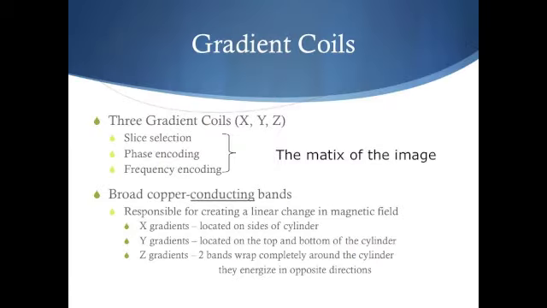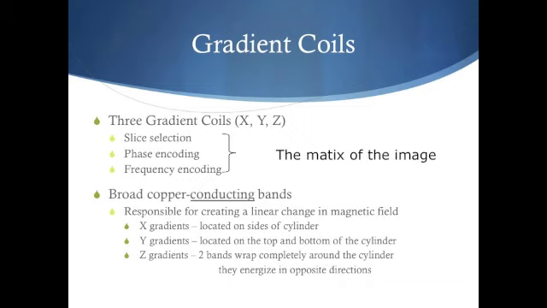So we've talked about the X gradient being the bear hug gradient left to right, making sagittal slices. We've talked about the Y gradient being the anterior-posterior gradient that makes coronal slices. Now let's talk about the Z gradient.